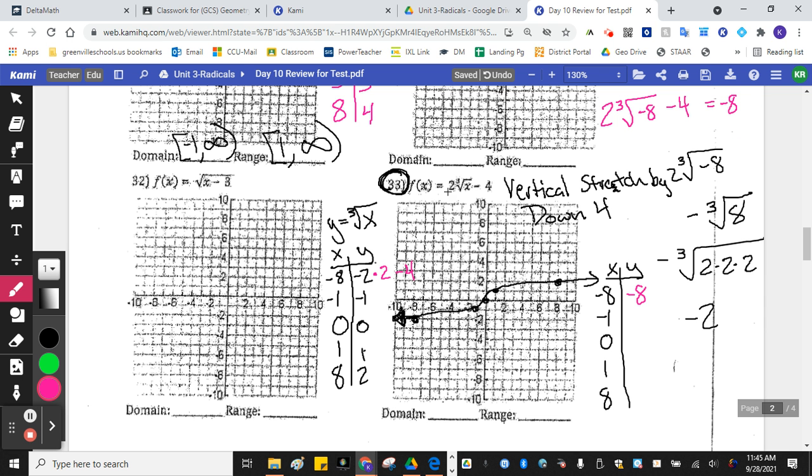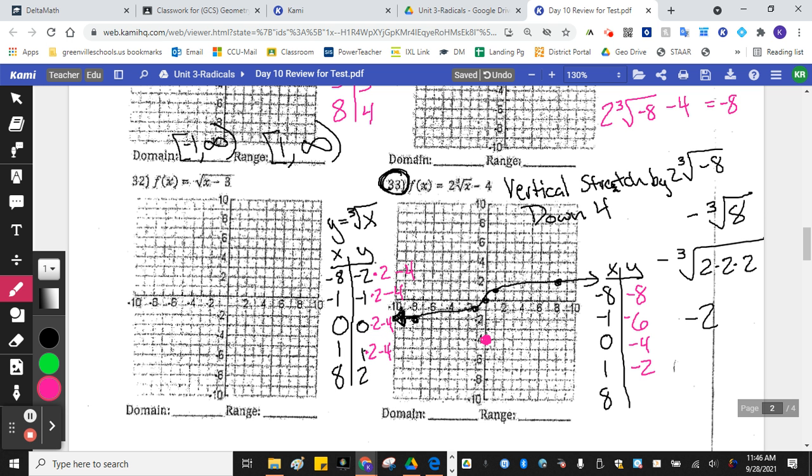I plug in negative 1. Negative 6. I plug in 0. Negative 4. 1 times 2 minus 4.